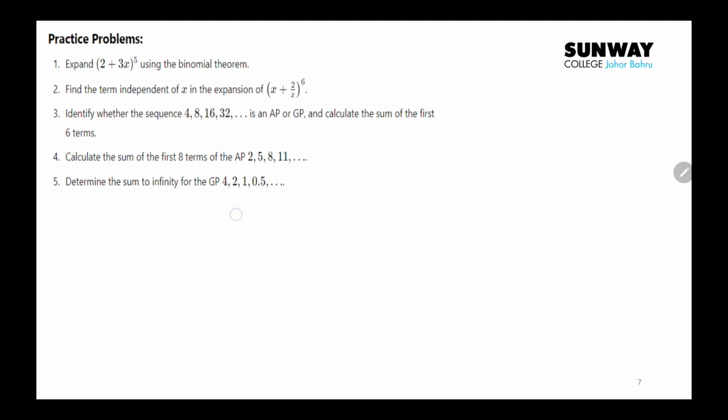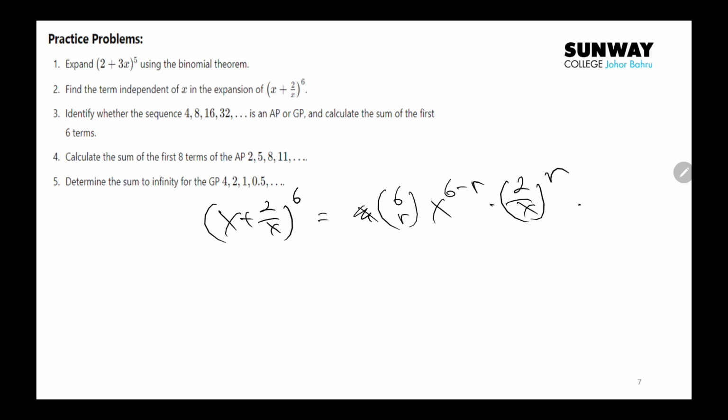Number 2: find the independent term of (x plus 2 over x) to the power of 6. According to the formula, it goes like 6Cr, x to the power of (6 minus r), (2 over x) to the power of r. In other words, for you to get the independent term, x to the power of 0 is what you would like to achieve.